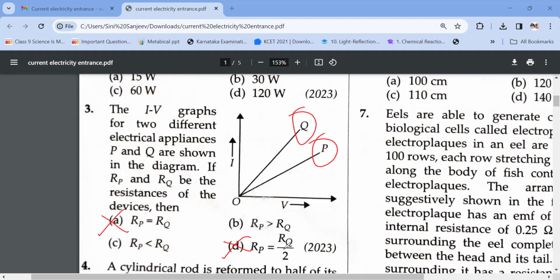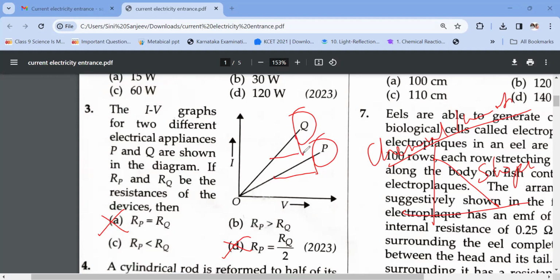Only two options are left, whether RP is greater than RQ or RP is less than RQ. For this, in our chemical kinetics chapter of chemistry, first order, zeroth order, there we find the slope, no? What is my slope?